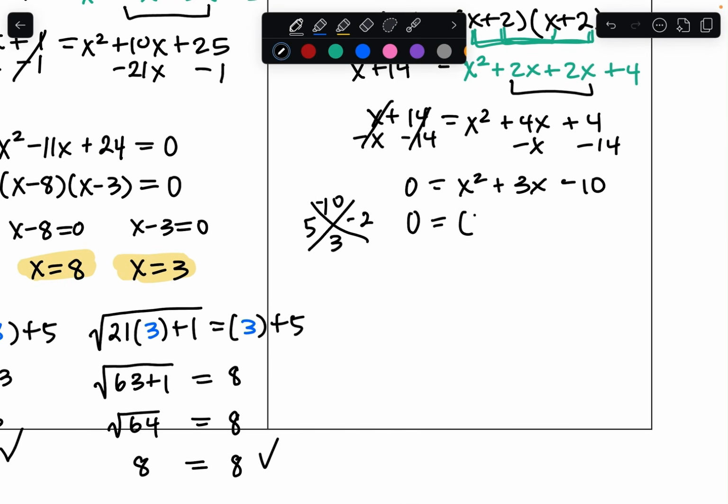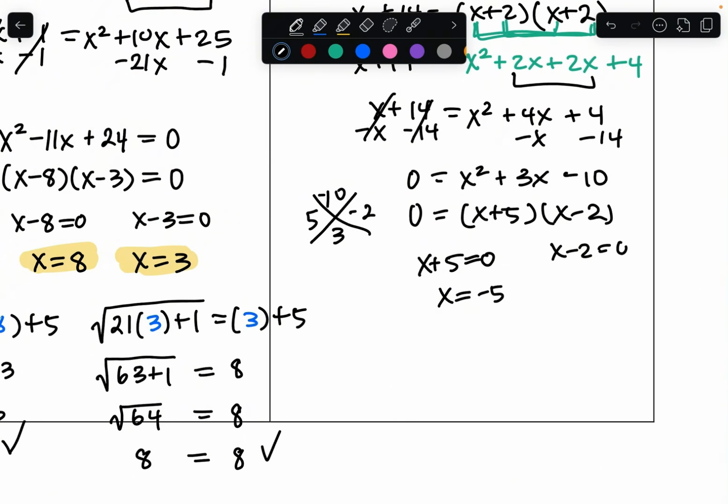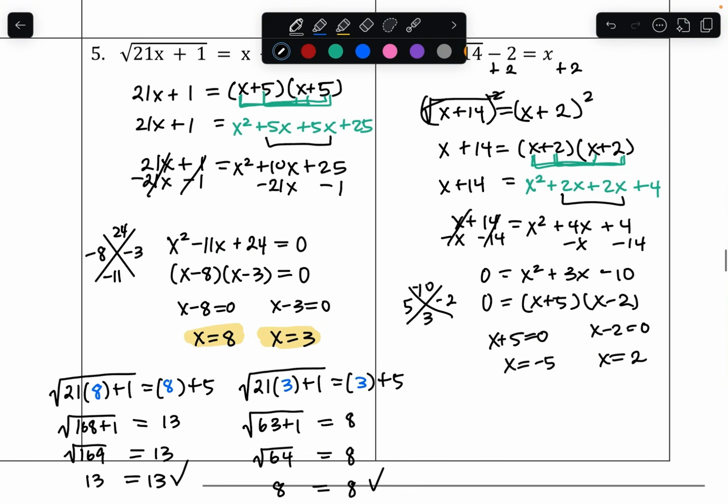So my factors are x plus 5 and x minus 2. And so my solutions, when I set each of those factors equal to 0, are x equals negative 5 and x equals positive 2. Okay, now remember, we have to check this.